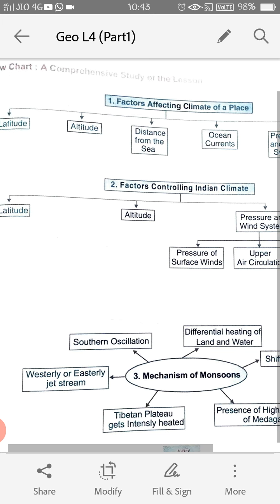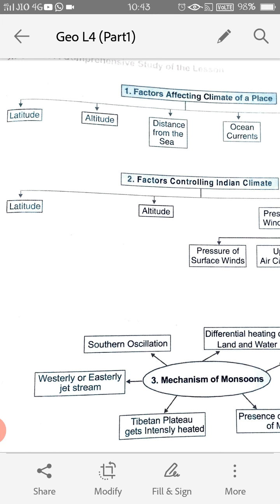In this, the first topic is latitude, and the second one is altitude. Latitudes are imaginary lines on the earth. According to different latitudes we have the equator, Tropic of Cancer, Tropic of Capricorn, Arctic Circle and Antarctic Circle.